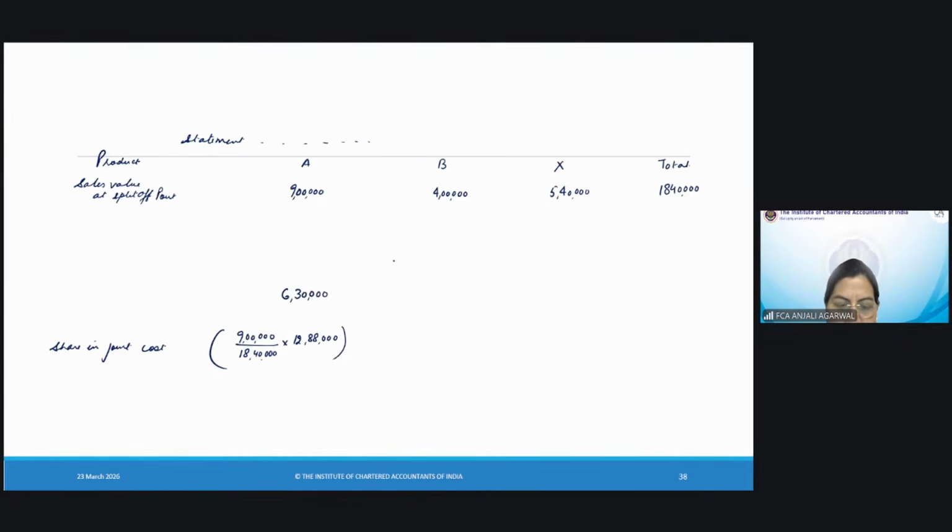For B, it is 2,80,000. And for X, it is 3,78,000.